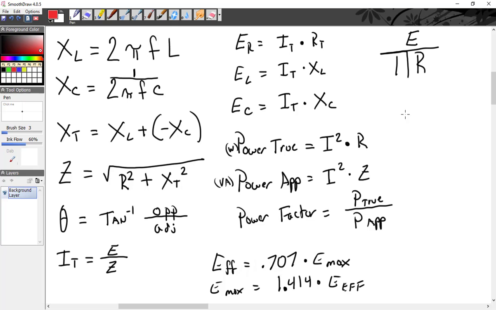So we could do sine. Sine equals opposite over hypotenuse. So SOHCAHTOA: cosine equals adjacent over hypotenuse.